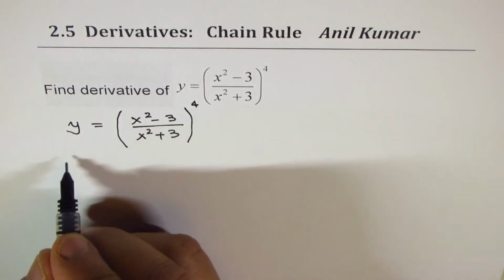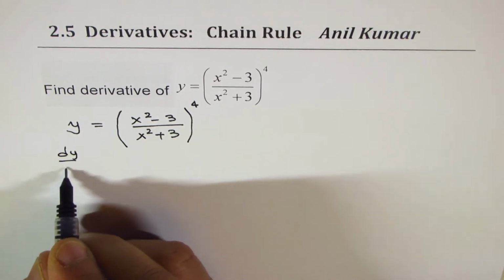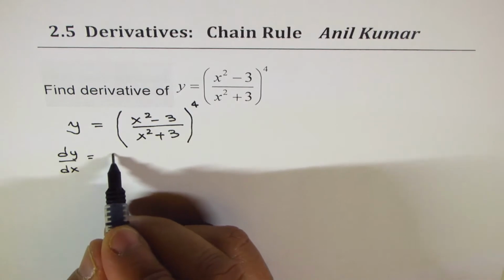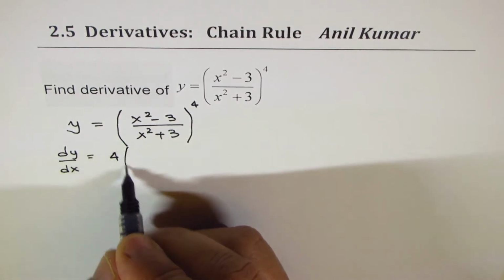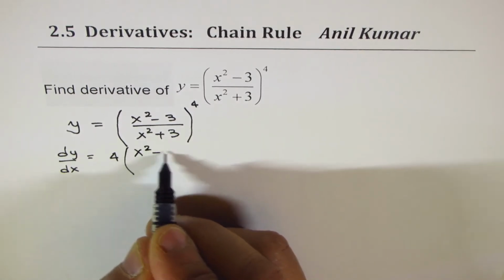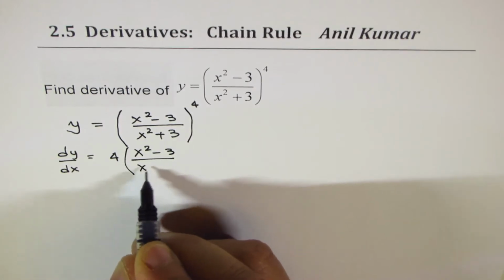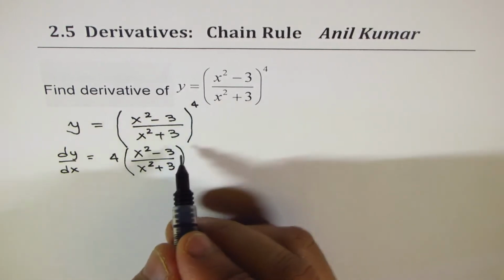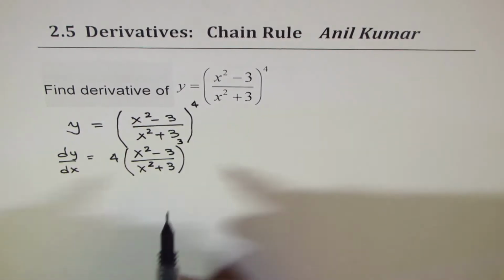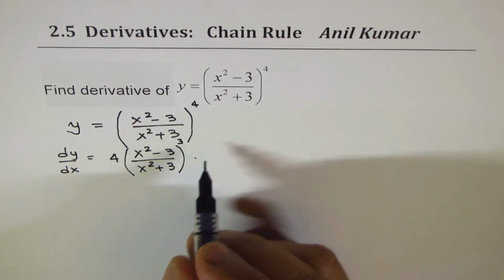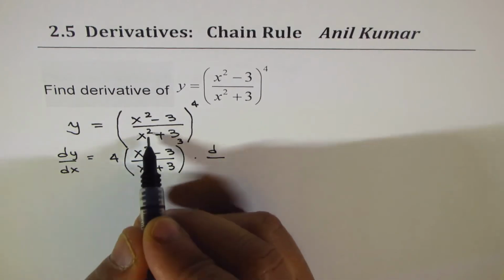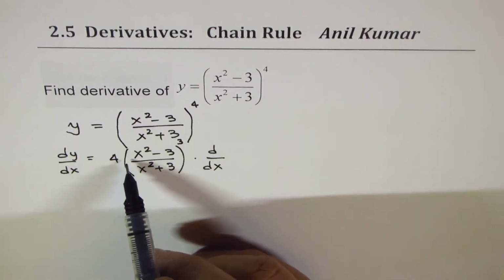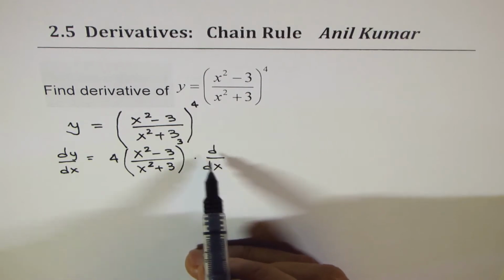So if I differentiate with respect to x, I'll apply the power rule first, which is 4 times x squared minus 3 over x squared plus 3 to the power of 4 minus 1, which is cube, times the derivative of the inside function, right? So derivative of outside times derivative of inside.